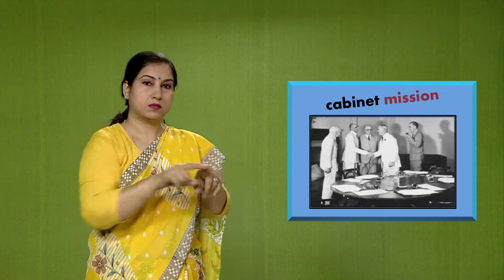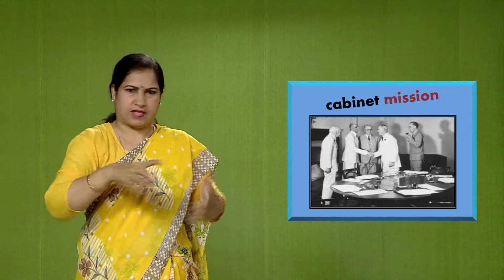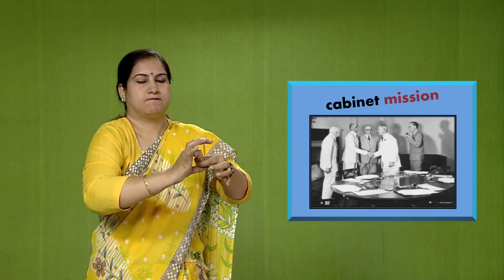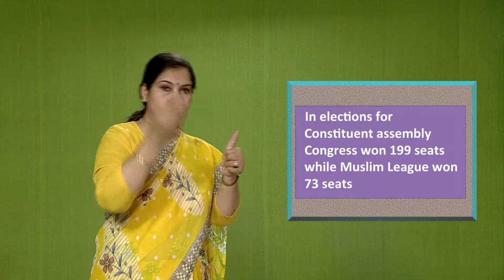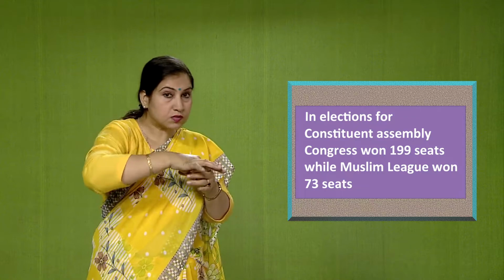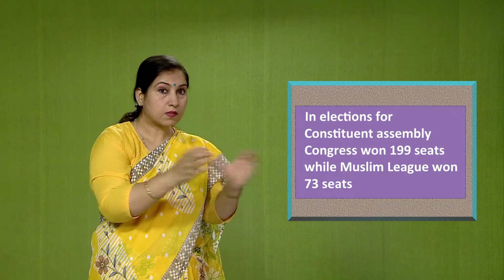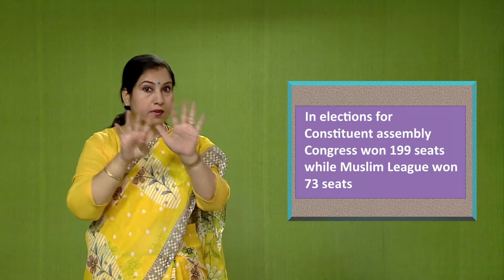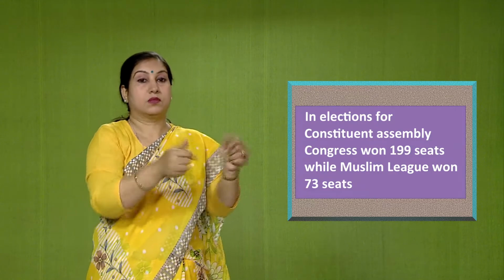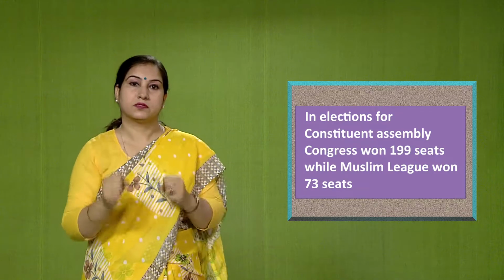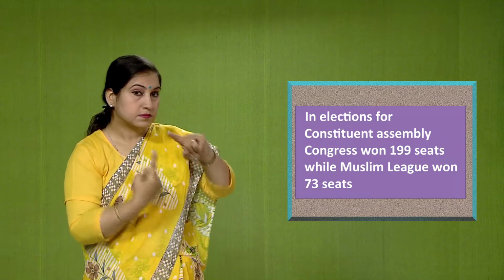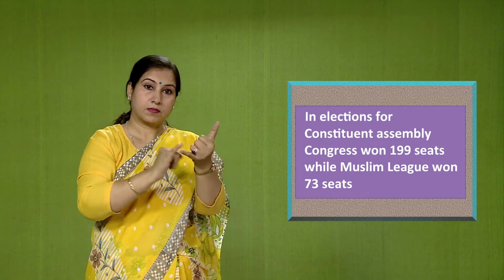In the beginning, the proposal was criticized by all the parties, but later they agreed to it. Later, elections were held for Constituent Assembly, in which Congress won 199 seats, while Muslim League won 73 seats. Constituent Assembly is a body for the purpose of making the constitution.